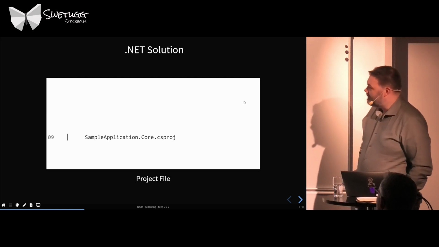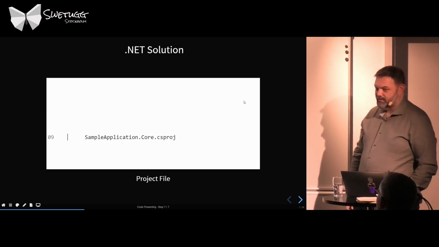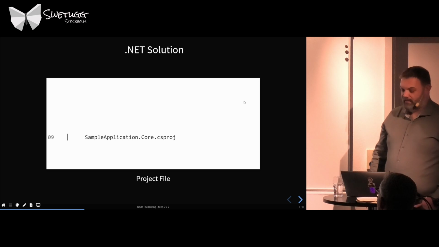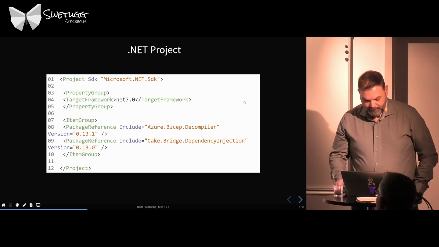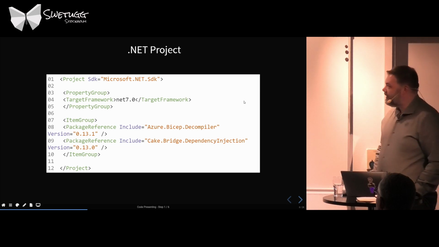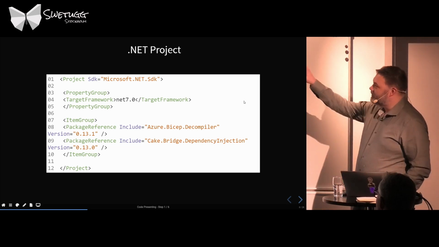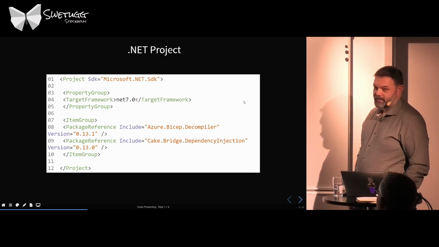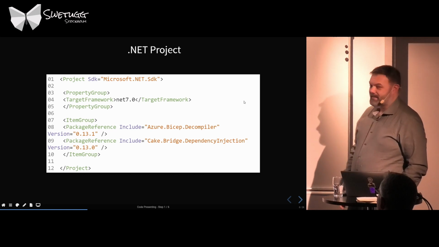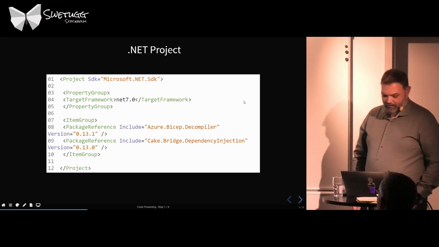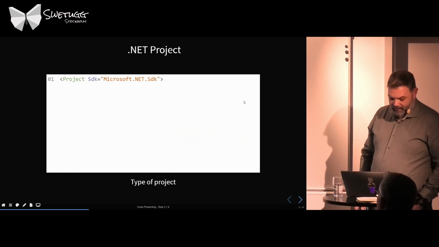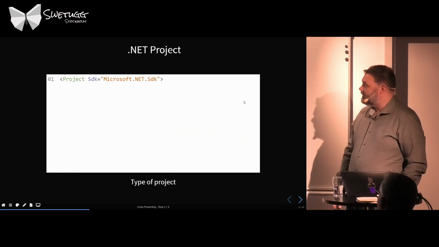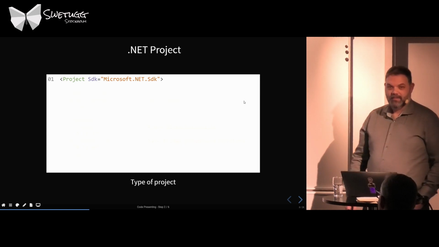And we have some of the most important of our files, the project files, where it binds together our code. With the new .NET SDK project format, which came a couple of years ago, it's very dense. It looks simple, we don't have many dependencies here. We have what kind of project it is. If it's a Maui project, it's a different SDK.